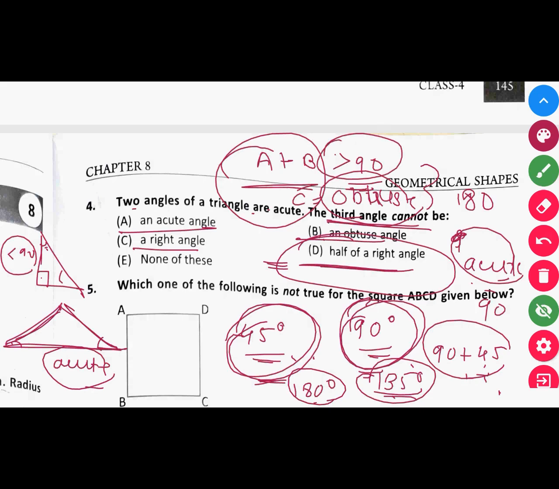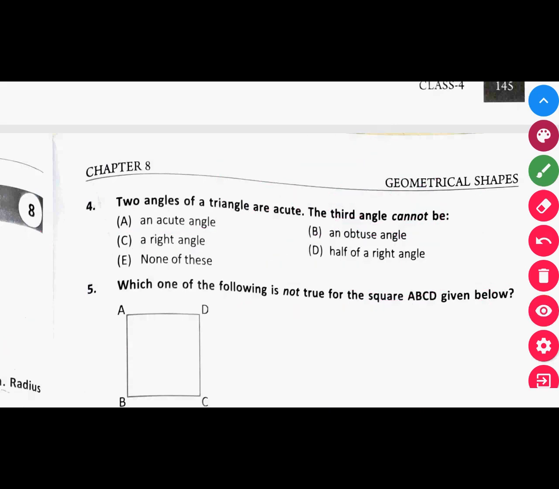So if these two are lesser than 90, then this should be obtuse, not acute. And it is 45 degrees, so it is highly impossible. Still you don't get my point, or you get it?